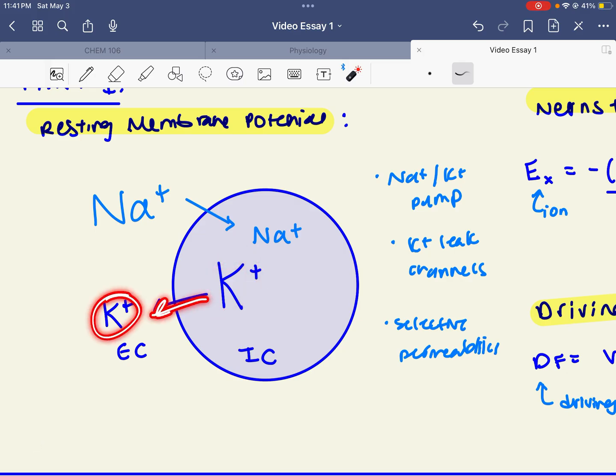It wants to be out of the cell, so it has a pretty small driving force at resting membrane potential because it already has that negative charge here. However, sodium, there's a lot of it outside of the cell. It's really attracted to this negative environment in here, so it has a strong driving force. It really wants to rush in.